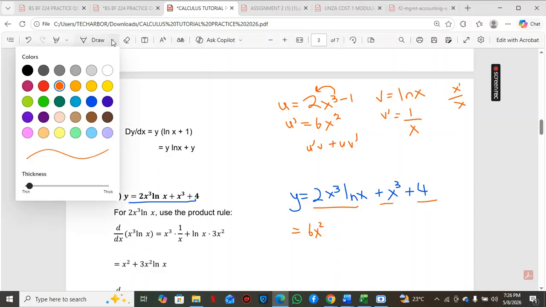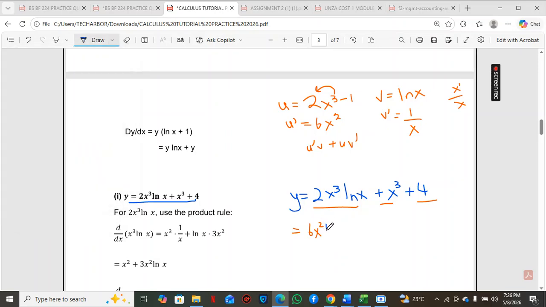So it's 6x squared natural log of x. Plus u, which is I think 2x cubed. V prime 1 over x.